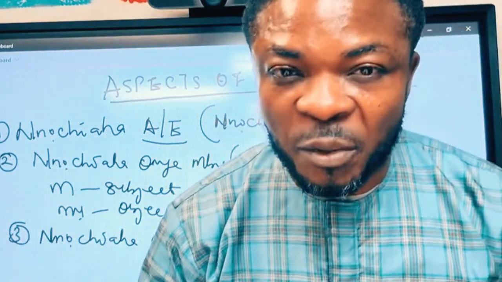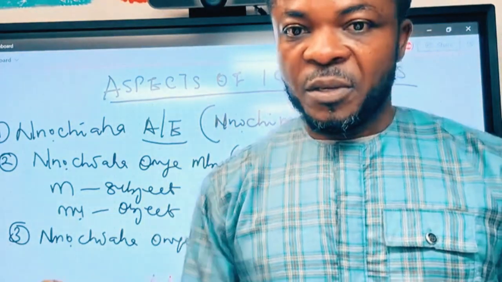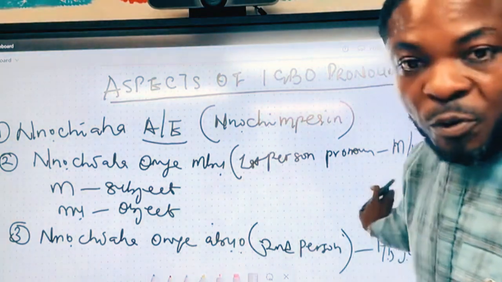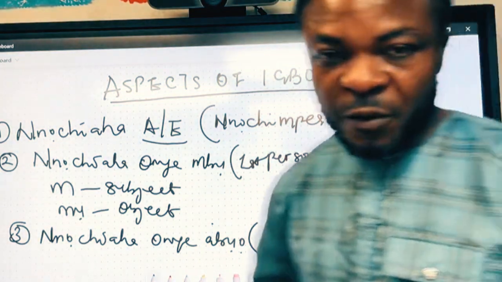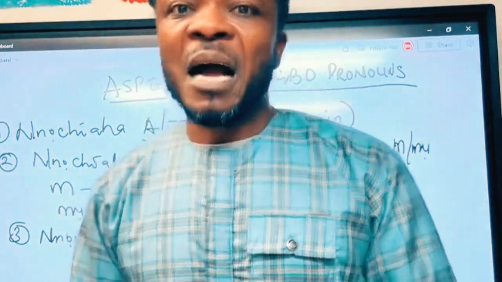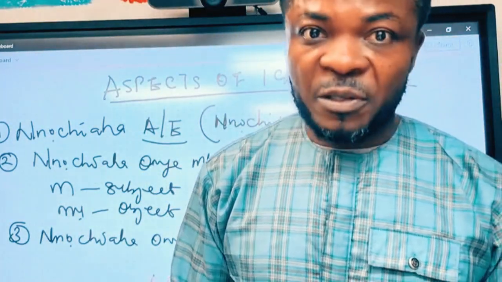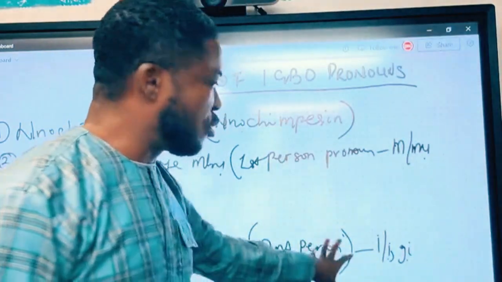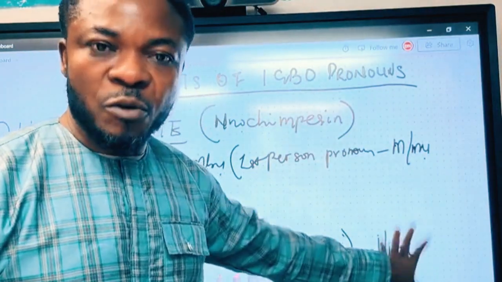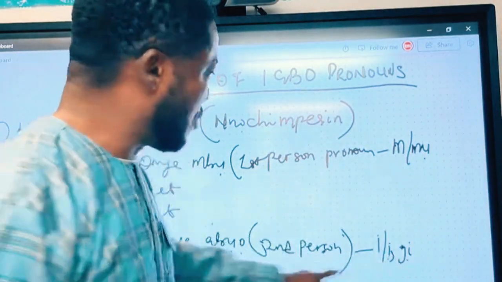I have not applied the plurals. So I want to stop at the singular for the moment. I may just mention the plurals if necessary. But what I'm trying to show is the pronouns in the singular form.